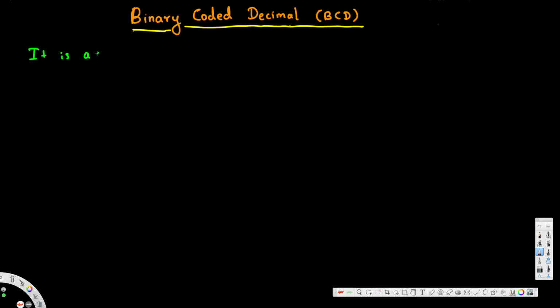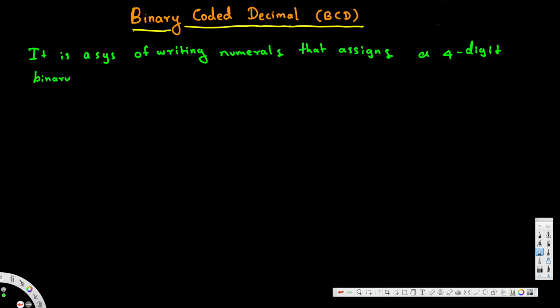It is a system of writing numerals that assigns a 4-digit binary code to each digit 0 through 9.